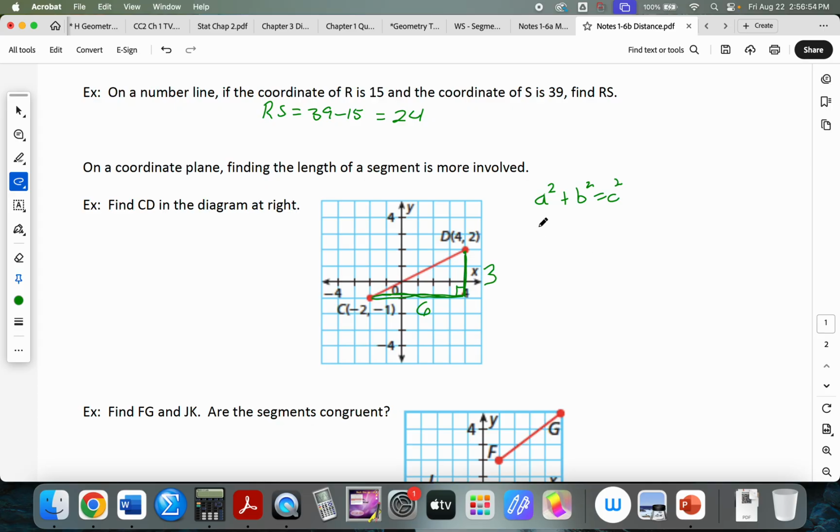So here, that's going to be 6 squared plus 3 squared is equal to CD squared. This is 36. This is 9. I'll add those two quantities together. That's 45.